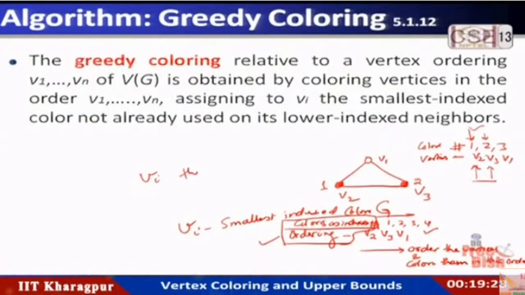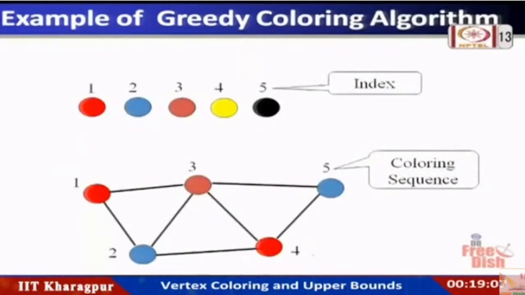So V2 and V3 have already used colors number 1 and 2, that means the smallest index color which is not used by the neighbor is color number 3. So this can be colored with 3. So this particular coloring is called a greedy coloring.